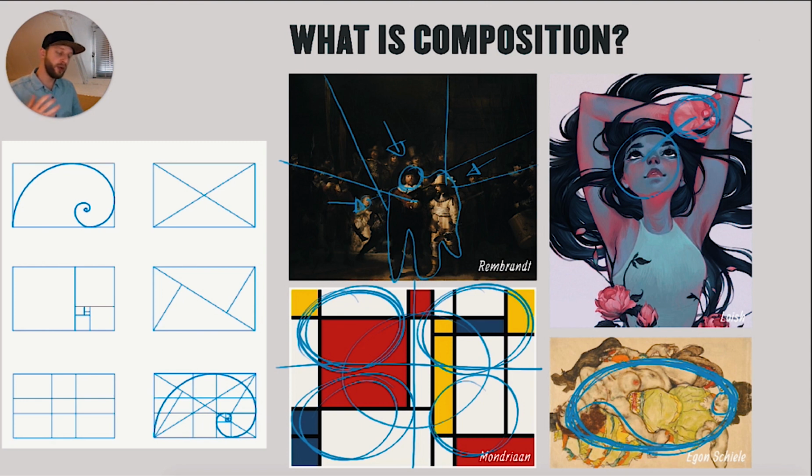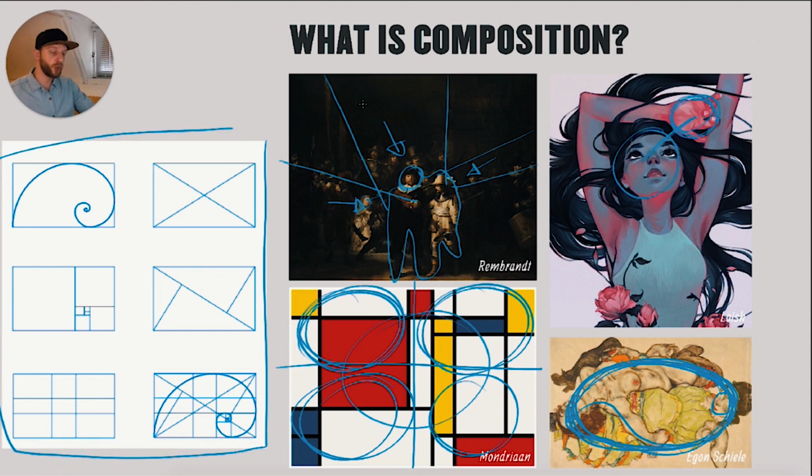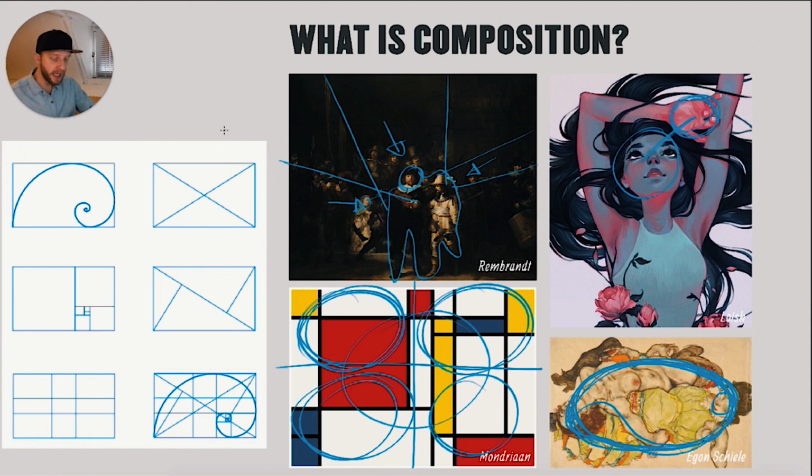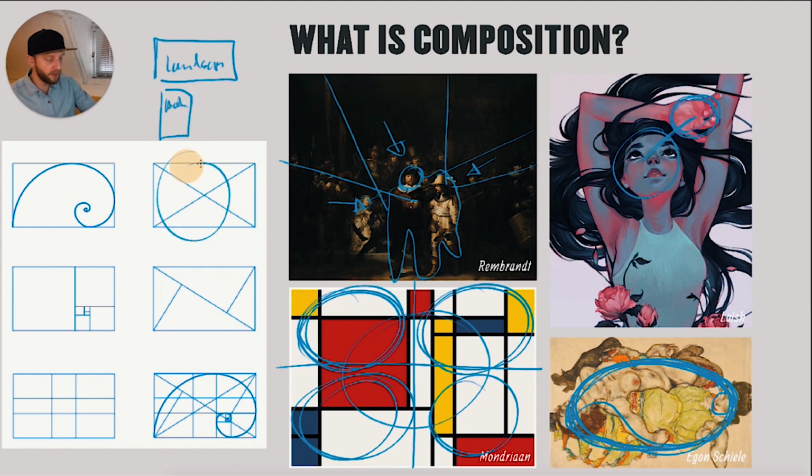Now one of the tools you can use to enhance your own compositions is these 6 rules within an image. These are all landscape, but it doesn't really matter if you go for a landscape, which is like this, or a portrait, which is like this. These all apply. So this one, for example, in a portrait would mean like this. The focal point is in the middle of the image.